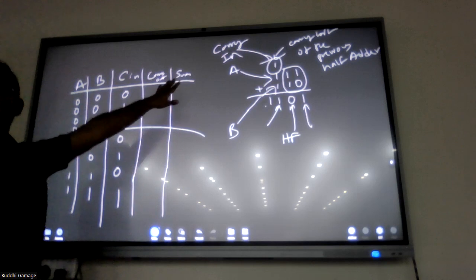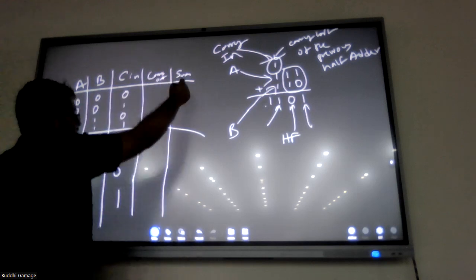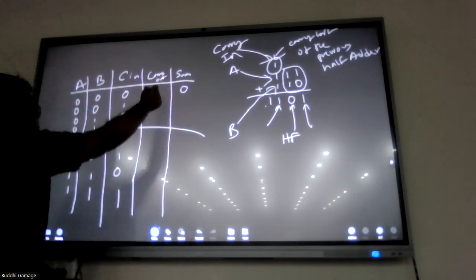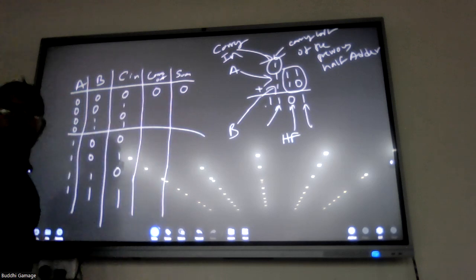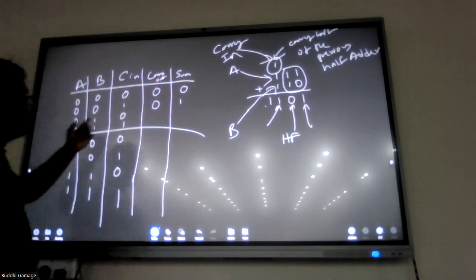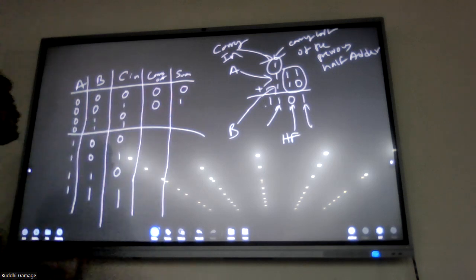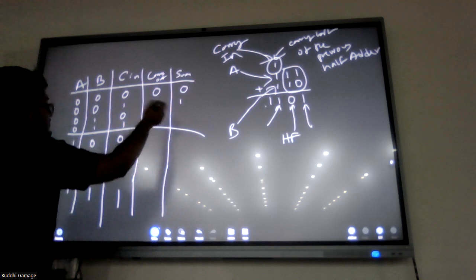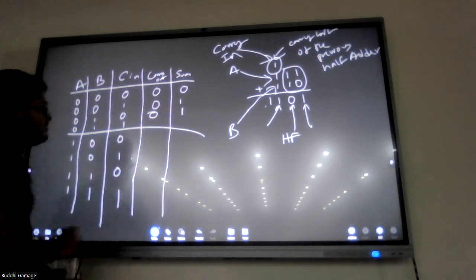So what is the sum? 0, right? So there will not be any carry out. So this one, 1 0. This one, carry out will be 0. Sum will be 1, right?